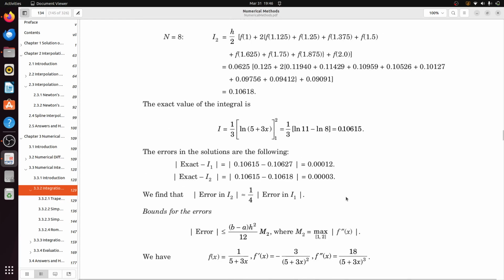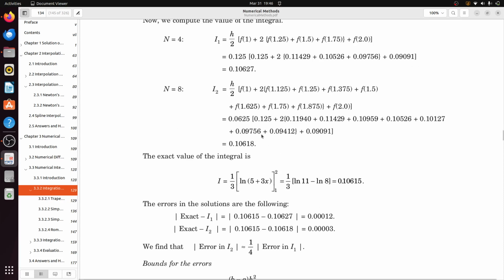Now what will be the error? Just subtract this from this. So your error is 0.000012. See, here we are using the composite trapezoidal method, and the error is so small, right?